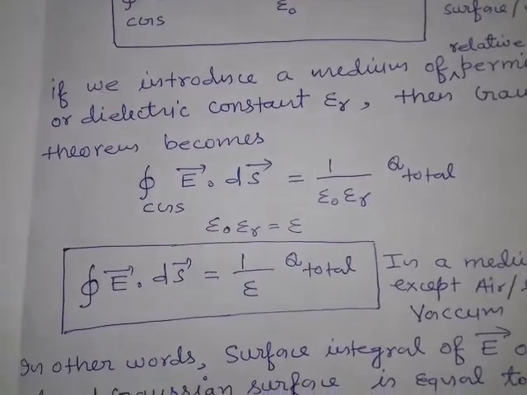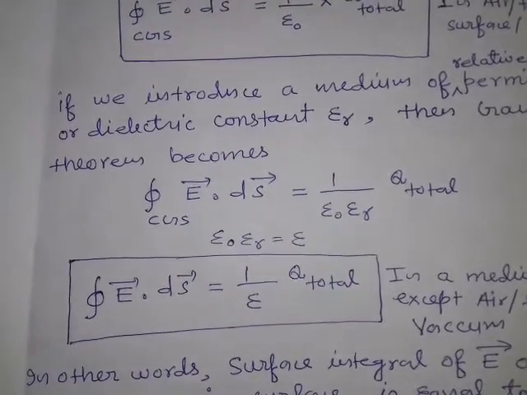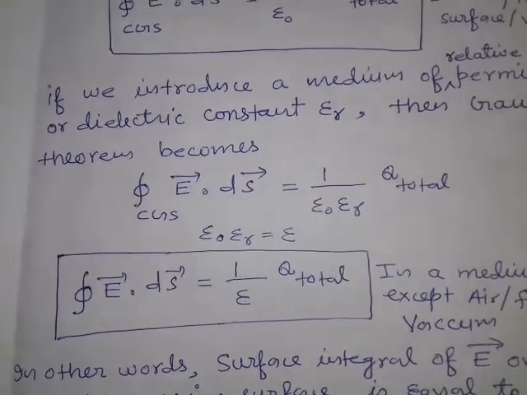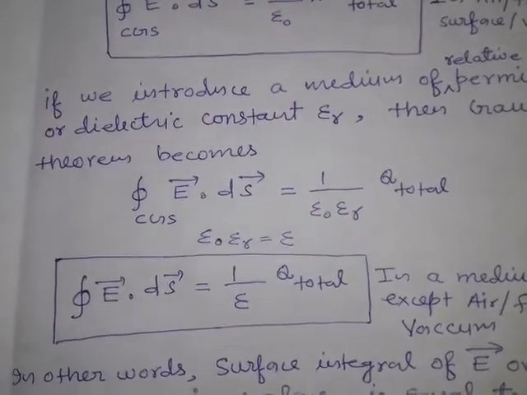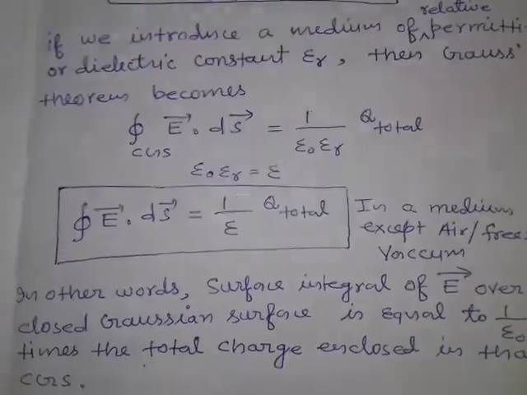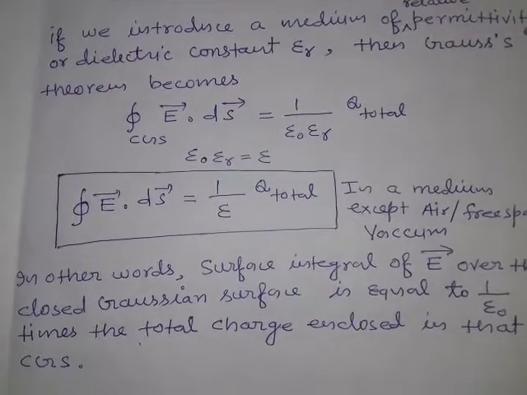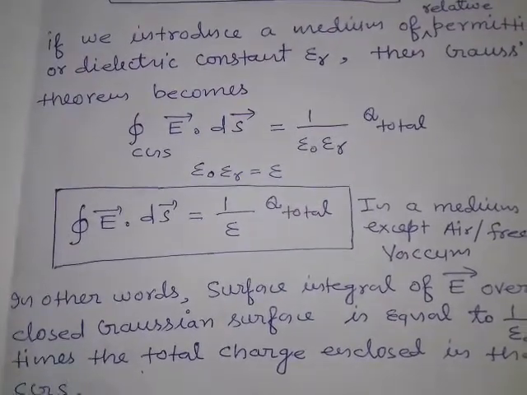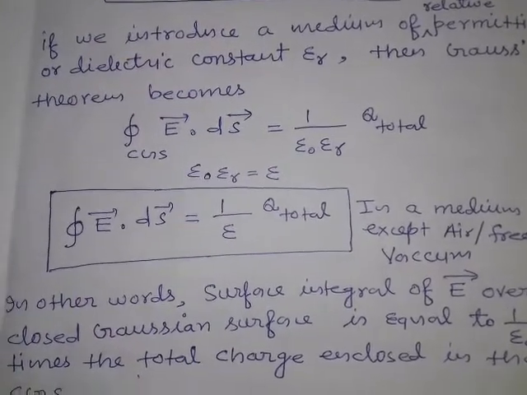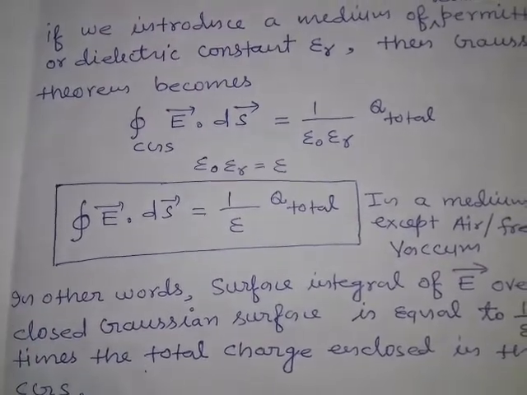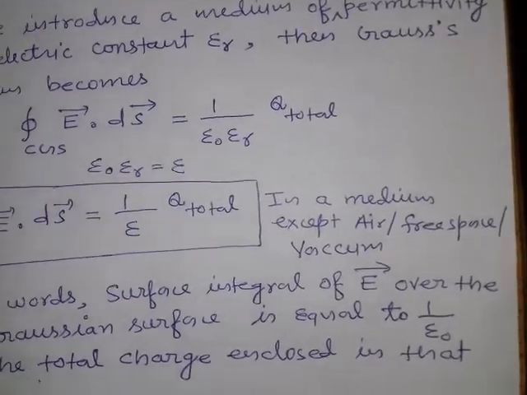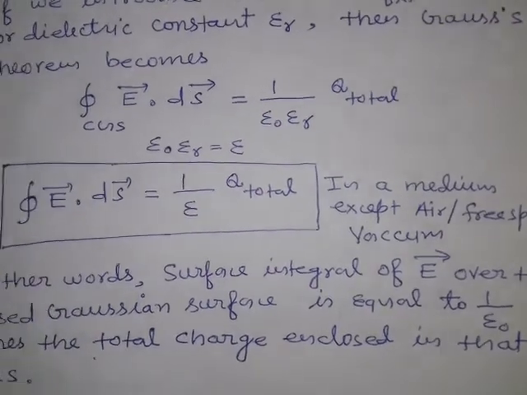Epsilon naught is the absolute permittivity of air, free space or vacuum, and epsilon r is the relative permittivity of the medium or dielectric constant of the medium. So you can see integration over closed surface E dot ds is equal to 1 upon epsilon q total. This is the mathematical expression for Gauss theorem in a medium except air, free space or vacuum.